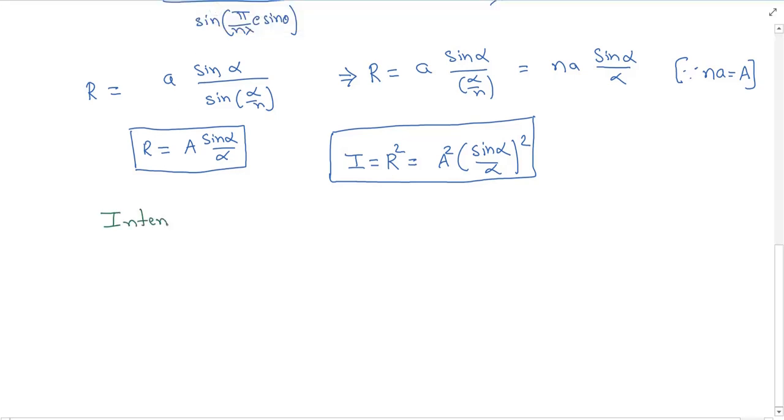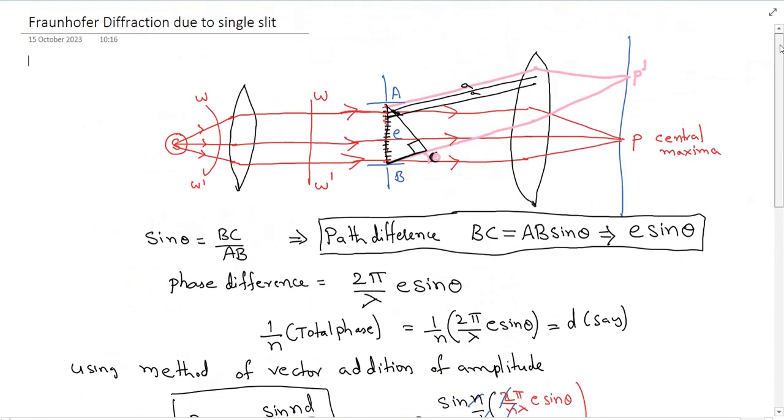Intensity distribution. Right, first of all, let us think of the condition when I will become equivalent to A square. When I becomes equivalent to A square, we will call it the central maximum condition. Here we are going to get I is equal to A square.